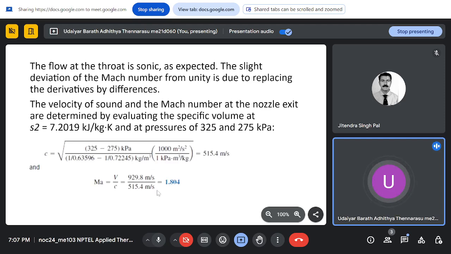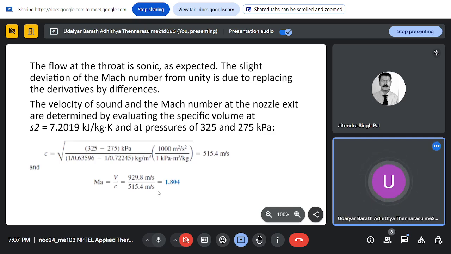In this case, we know that the process is an adiabatic process. Two things we found out. Using nozzle efficiency, we found out exit enthalpy, and at the throat section, we found out the critical pressure, which equals 0.546 times the inlet pressure.